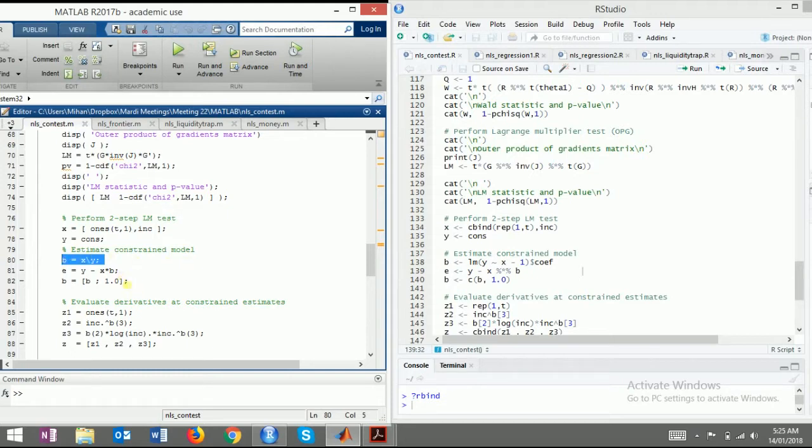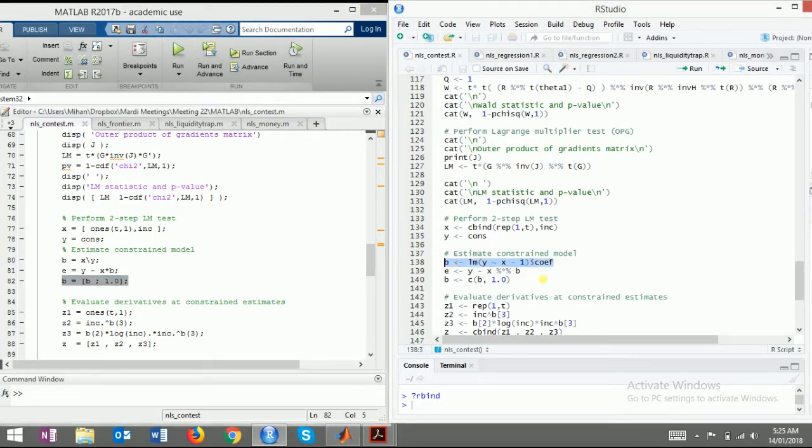Regression, find errors, then you have beta values. So we do regression, get the residual, and these are in columns, so we combine them in columns.